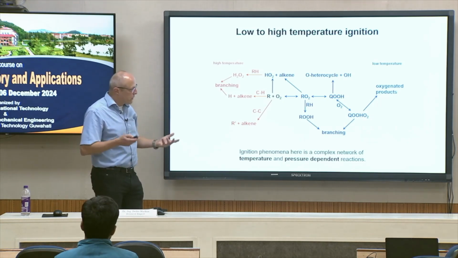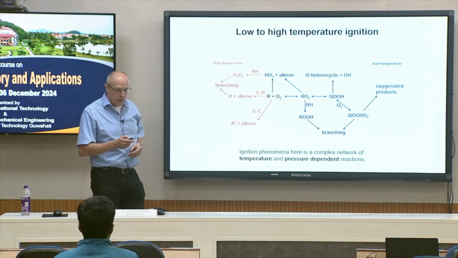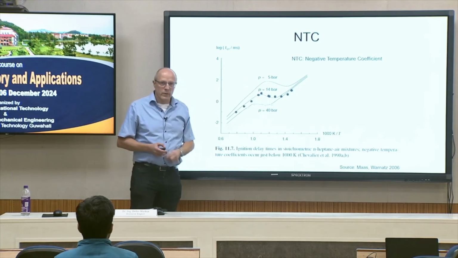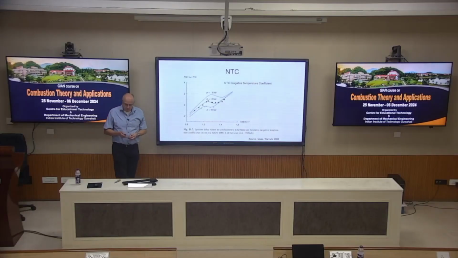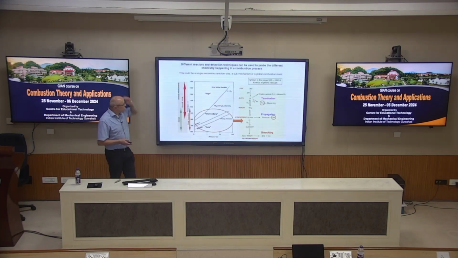And this is, of course, a complex network of temperature, but as you see, also of pressure. So especially the third body collisions influence the chemistry at higher pressures.